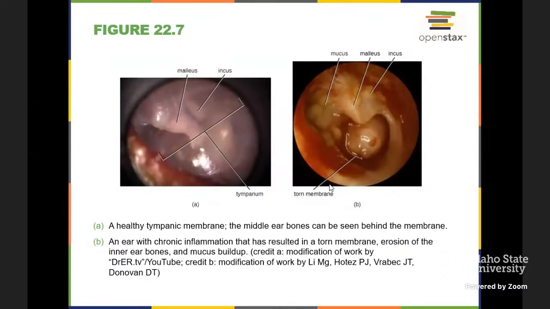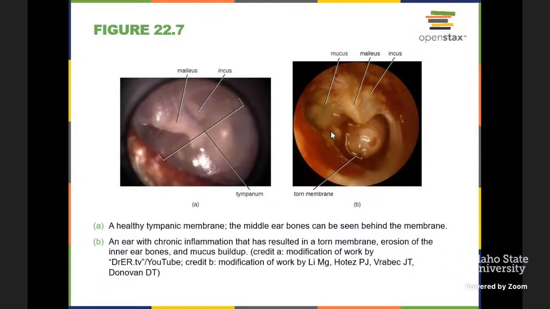Moving into the ear, we've got a healthy and an infected next door. So the tympanic membrane, the eardrum, and you can see a few of the bones that are going to be transmitting the sound, shrouded by this membrane. As we look at the next one, the membrane has been torn.